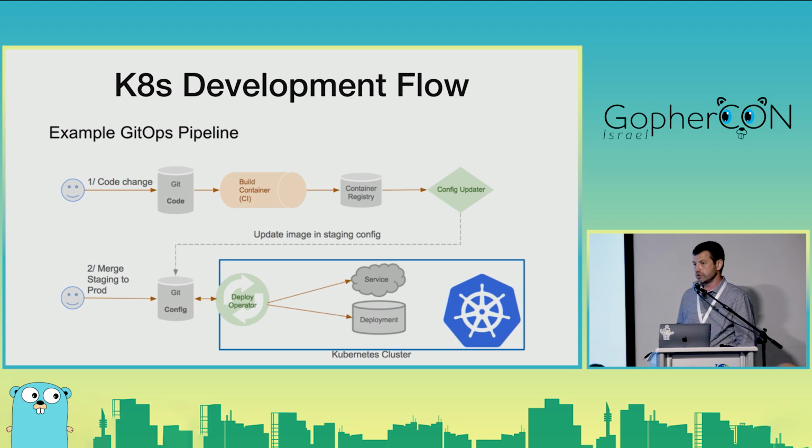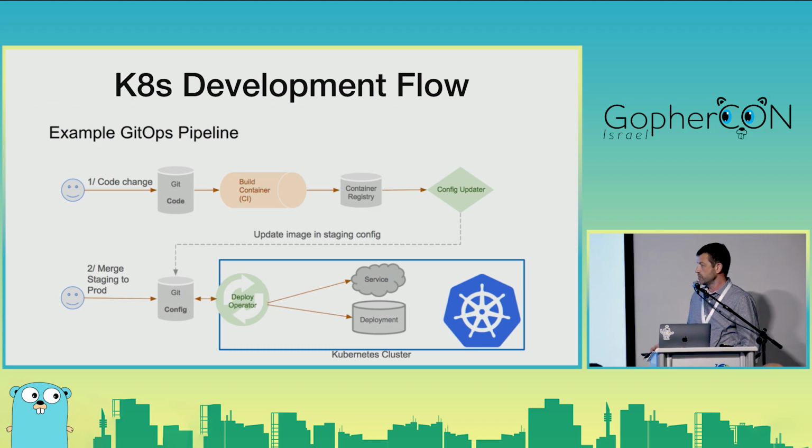But actually, the Docker container is not enough to deploy the application. The next thing to do is update your Kubernetes configuration. It can be done automatically with some effort, or it can be done manually. When you update your configuration file, these long YAML files, you put in the new Docker image with the new tag, and push this again to the Git repository that hosts the configuration.